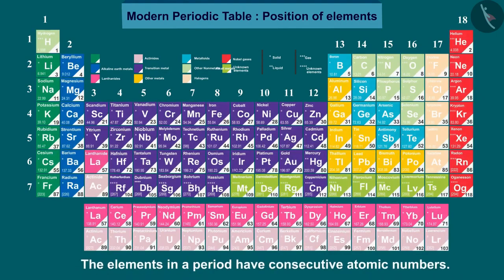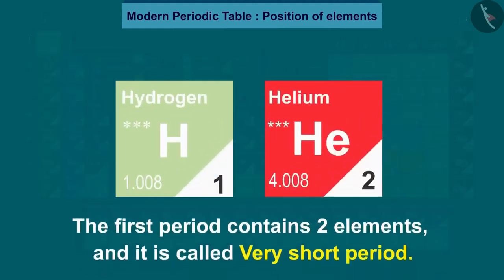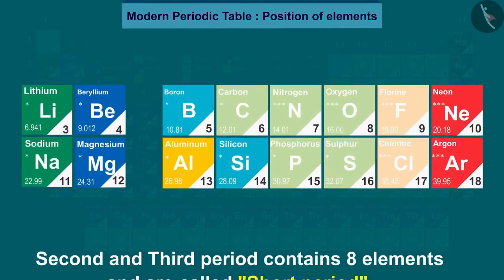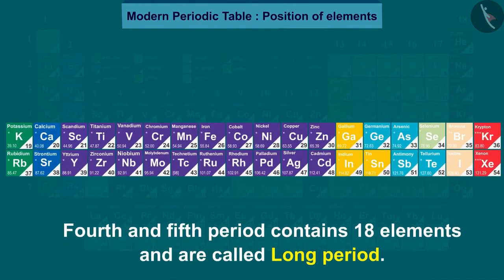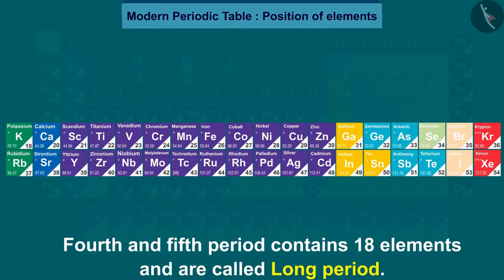The elements in a period have consecutive atomic numbers. The first period contains 2 elements and it is called the very short period. Second and third periods contain 8 elements and are called short periods. Fourth and fifth periods contain 18 elements and are called long periods.